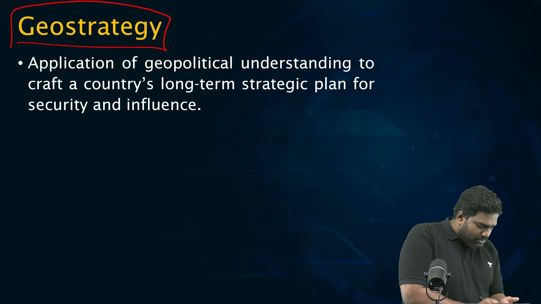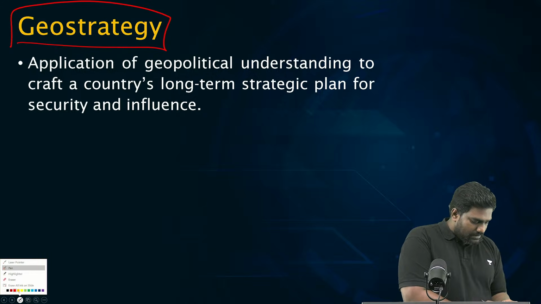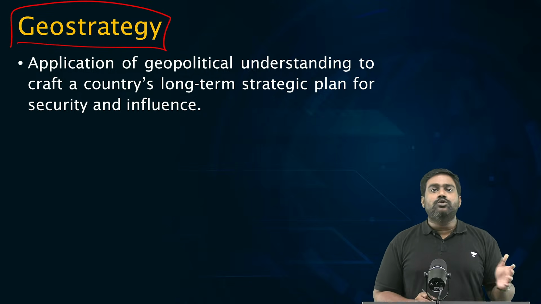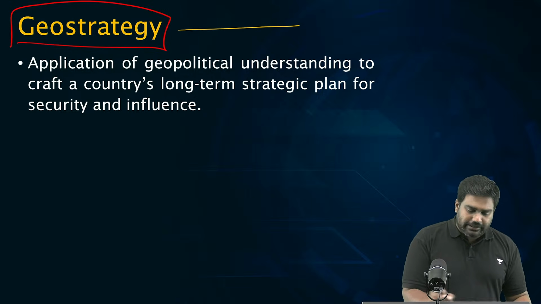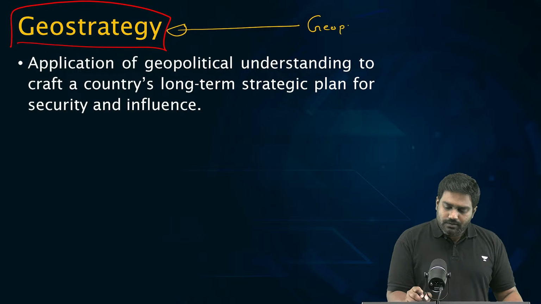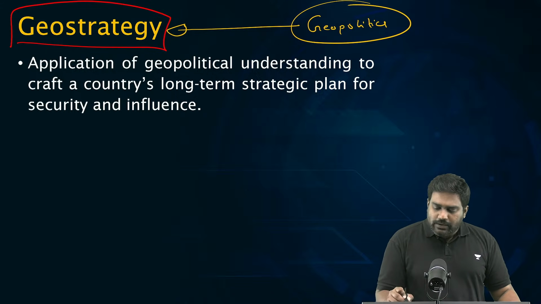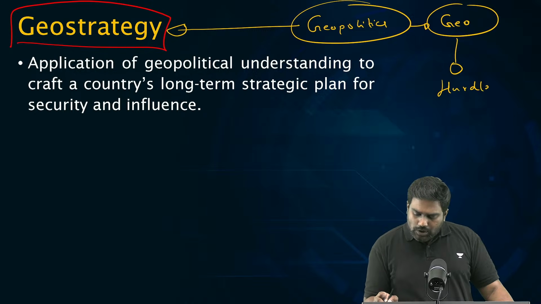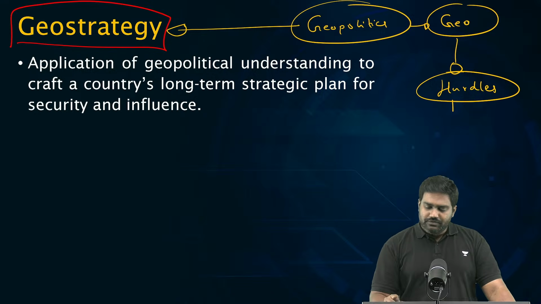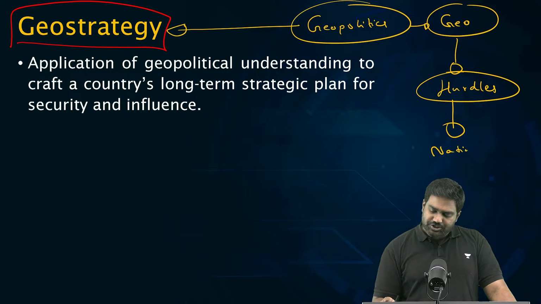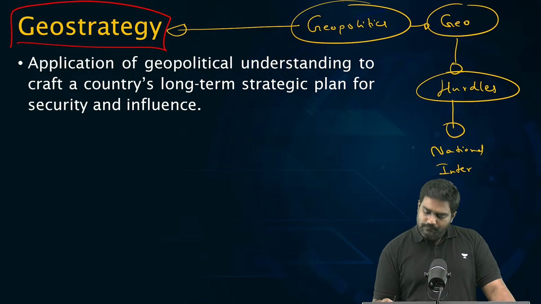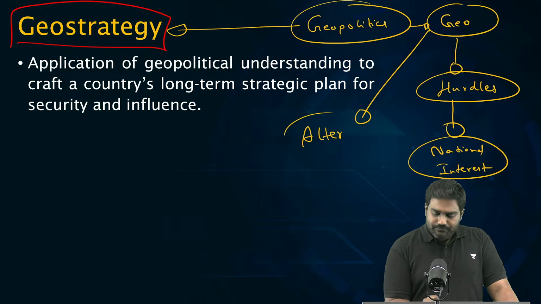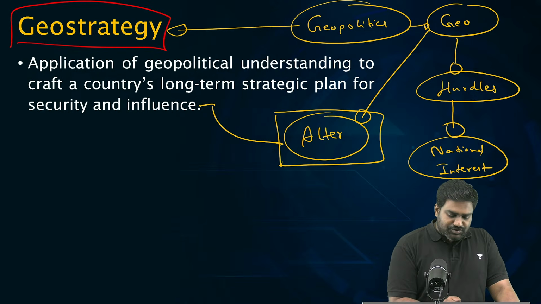Now, what is geostrategy? Is it something completely different? No. Geostrategy is connected to geopolitics. It comes under geopolitics. Now, when you understand the geography of a place, if there are any geographical hurdles which are preventing you from achieving your national interest, you can try to alter the geography itself by strategizing.